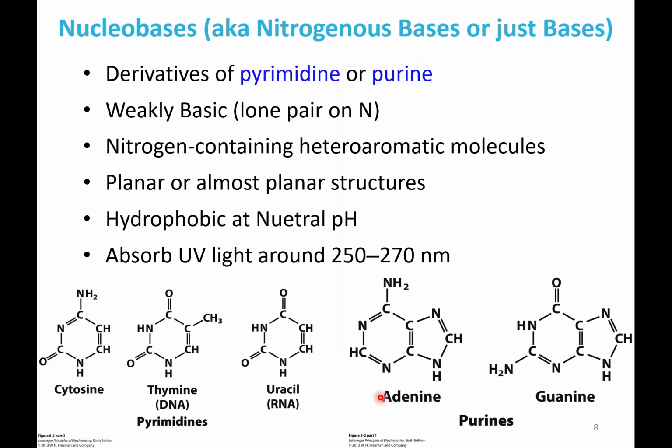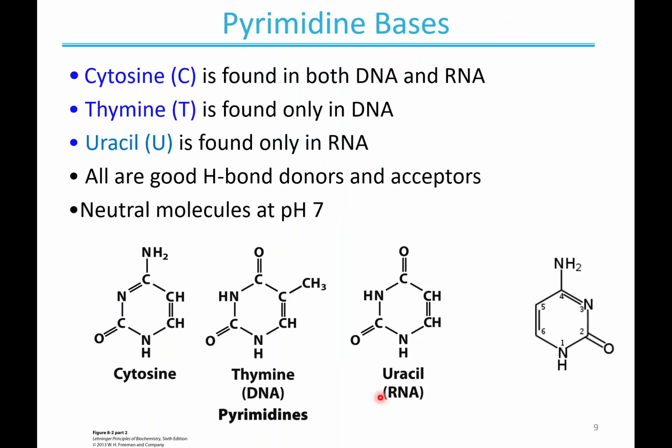And we'll look at the structures in some more detail. So let's look at the pyrimidine bases. Cytosine is abbreviated as a capital C. It's found in both DNA and RNA. Thymine, abbreviated with a T, is found only in DNA, and uracil, U, is found only in RNA.